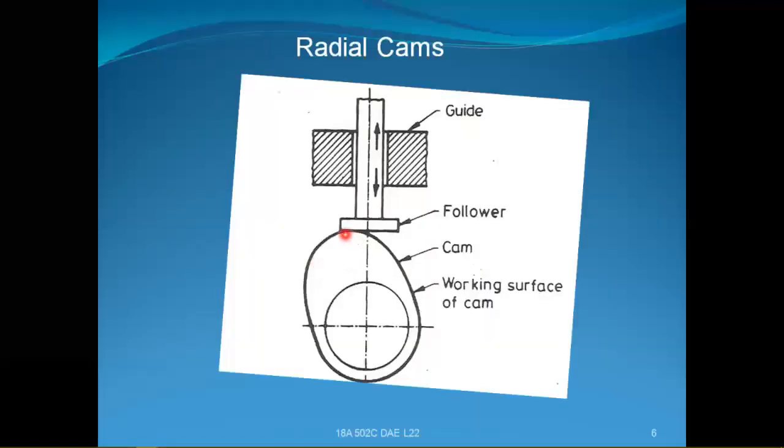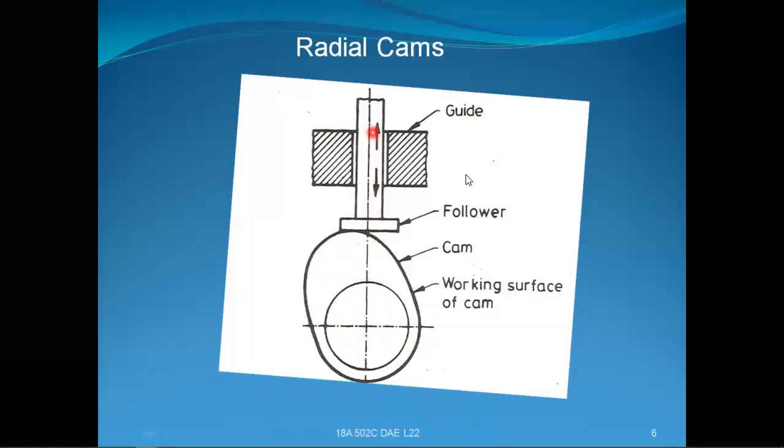Here you can see the outside surface shape of the cam. This is the radial cam, and this is the minimum diameter, and here is the axis, and this cam is going to rotate about this axis, which is perpendicular to the cam plate or the disc.